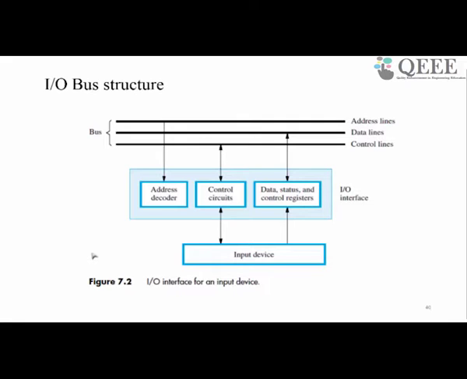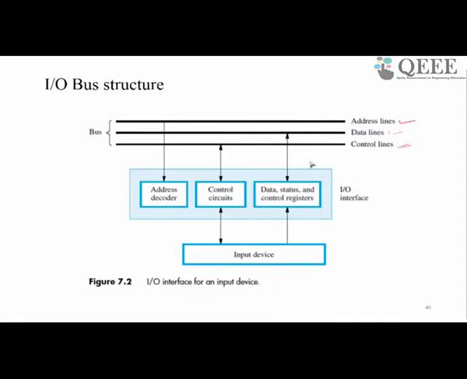An I/O bus will have basically three parts: a group of lines which comprises the address, another group of lines which comprises the data. The address lines can be used to uniquely identify an I/O device. Data lines are for the transfer of data between the memory and the I/O devices, and the control lines tell the direction of transfer and are used for handshaking.